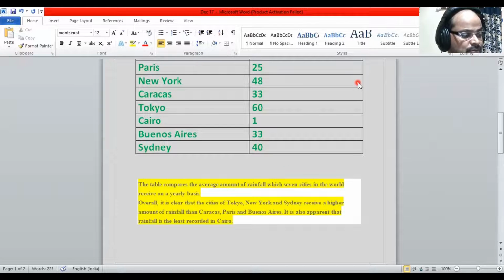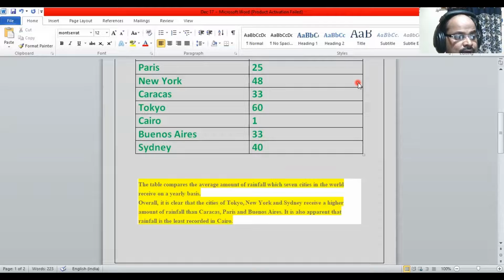So as far as we are going to see this in the body paragraph, we are not going to say this thing here in the introduction. But when you see the overview, the picture is more clear in the overview. Overall, it's clear that the cities of Tokyo, New York, and Sydney receive a higher amount of rainfall than Caracas, Paris, and Buenos Aires.